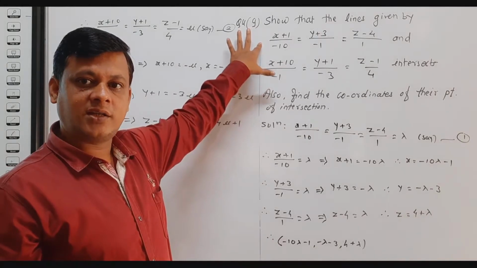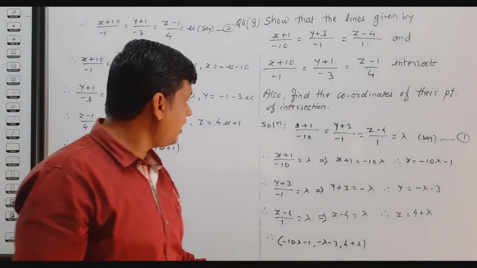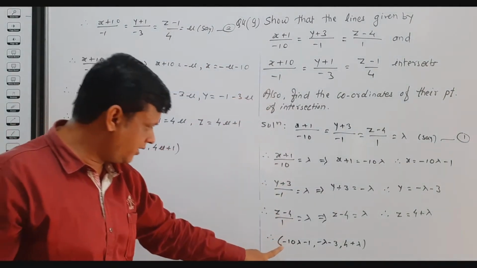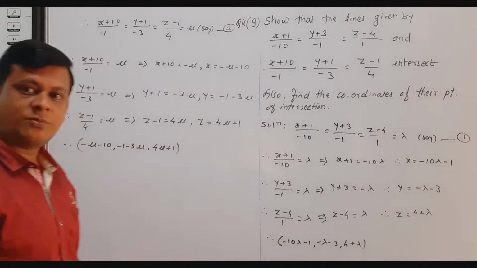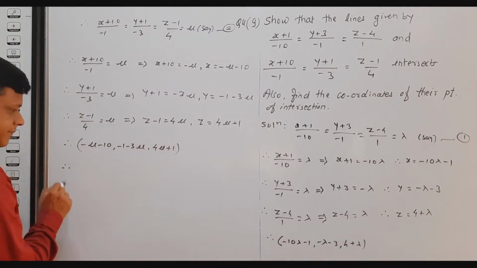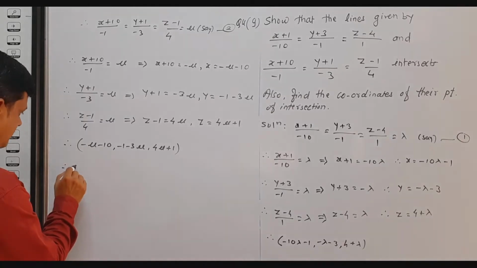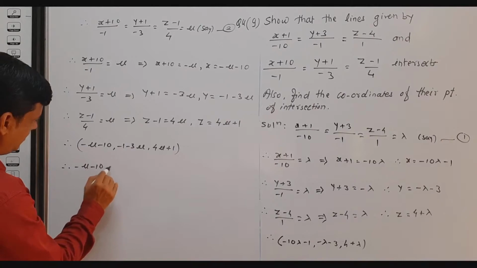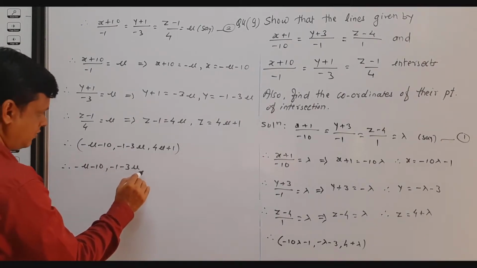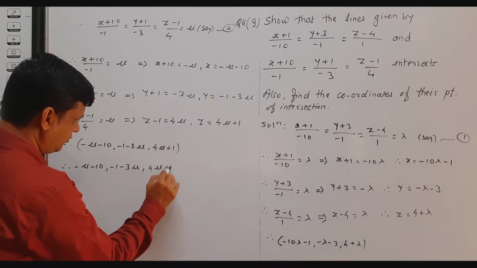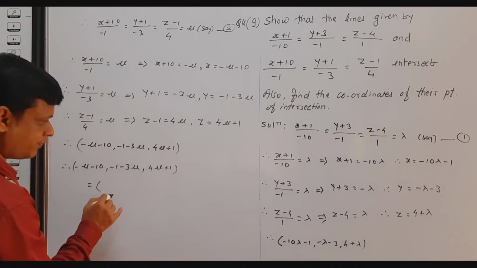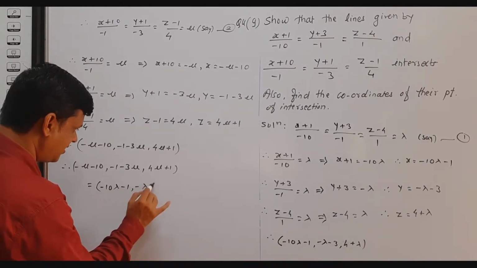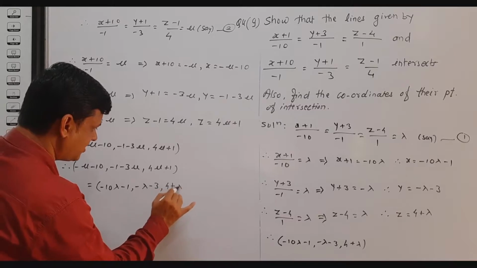Now we know that when two lines intersect, they have a common point. So if we consider these two lines intersect, then this point must be equal. So we write here, therefore, (minus mu minus 10, minus 1 minus 3 mu, 4 mu plus 1) is equal to (minus 10 lambda minus 1, minus lambda minus 3, 4 plus lambda).